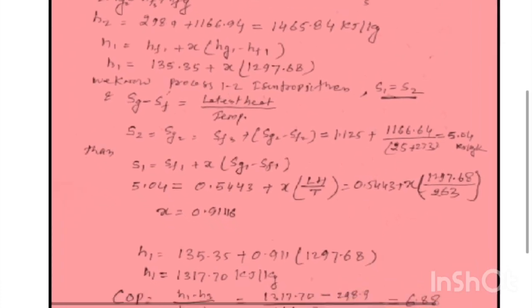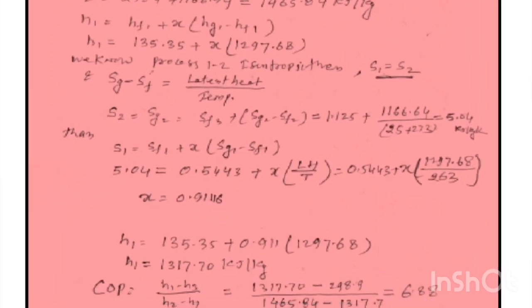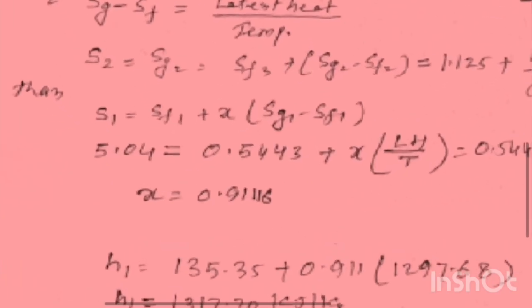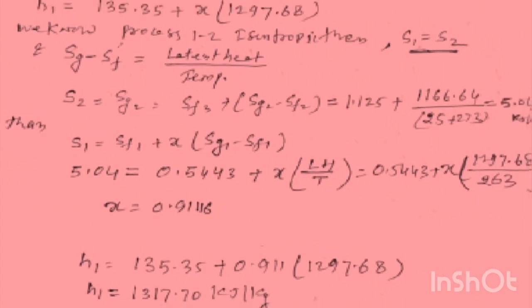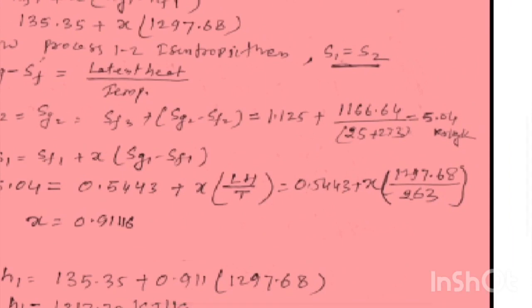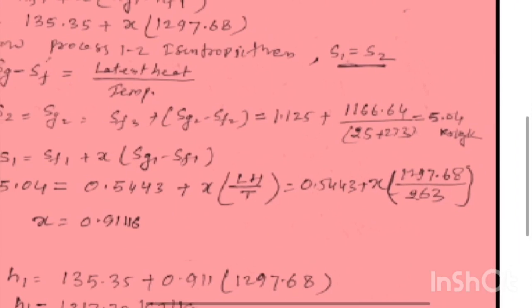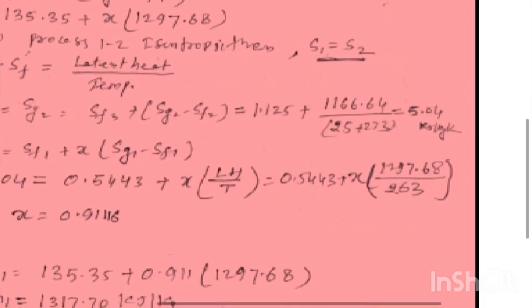Okay, then again we can find out S1, which is Sf1 plus X times (Sg1 minus Sf1). Here also we need to put Sf1, and because S1 equal to S2, we put S1 equal to 5.04 equal to 0.5443, which we can find out from the table, plus X times the latent heat divided by temperature.